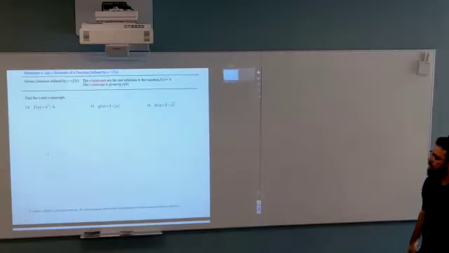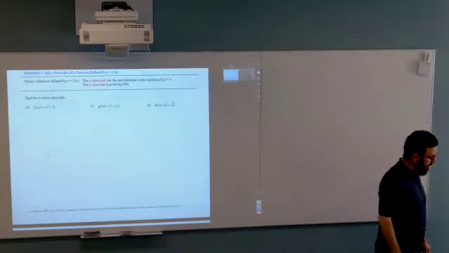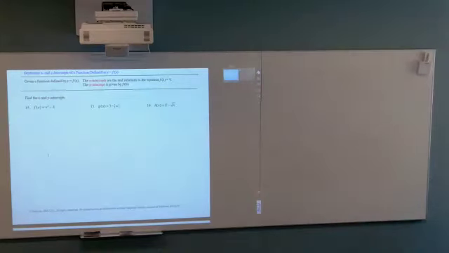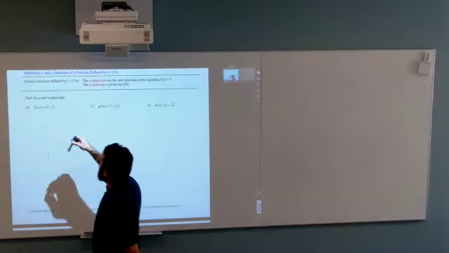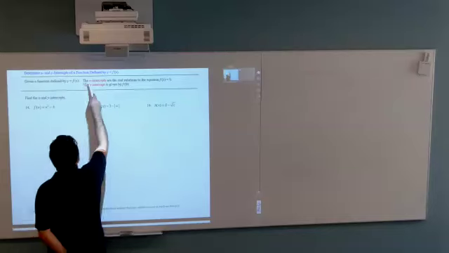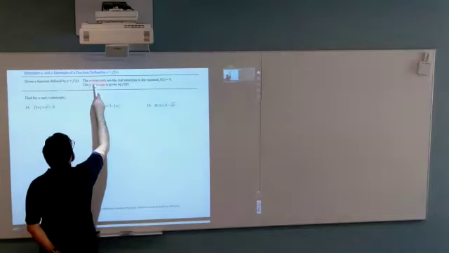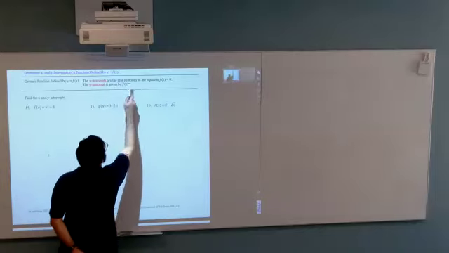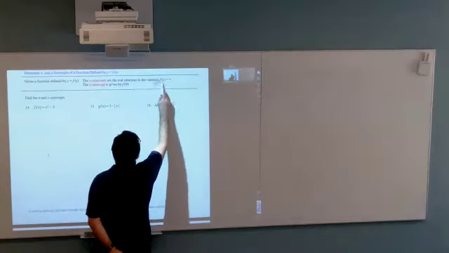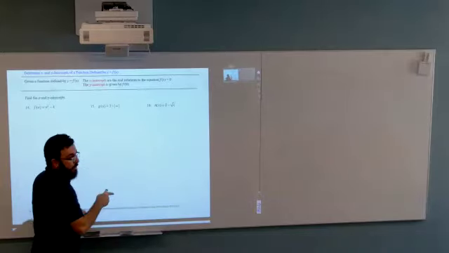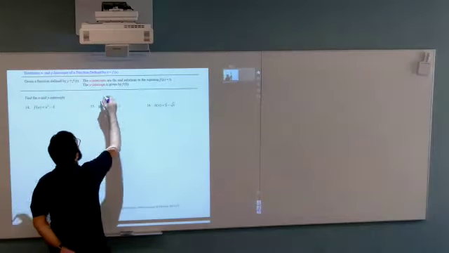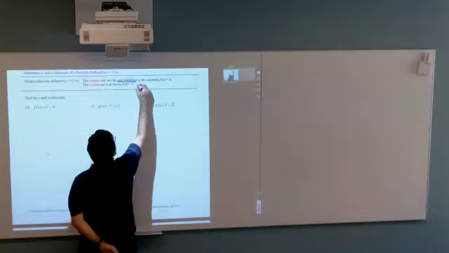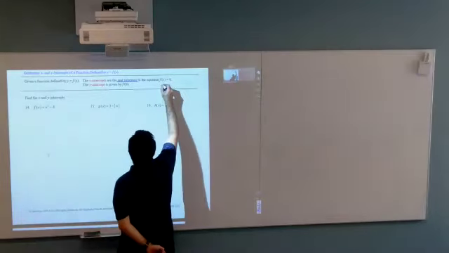Let's see. Find the x-intercept and the y-intercept. They're telling you here on the top: for the function y equals alpha of x, the x-intercepts are the real solutions to the equation alpha of x equals 0. Circle this, it's important.